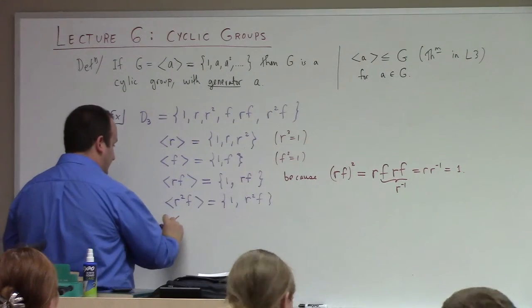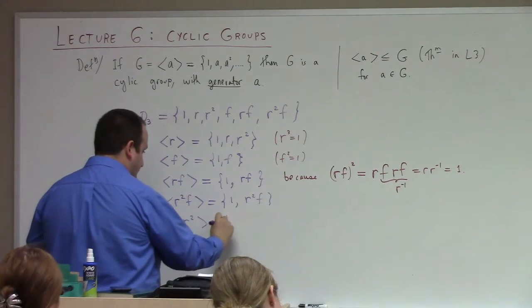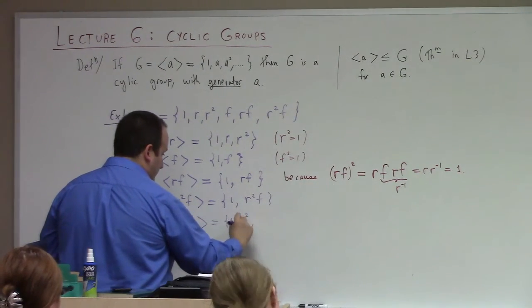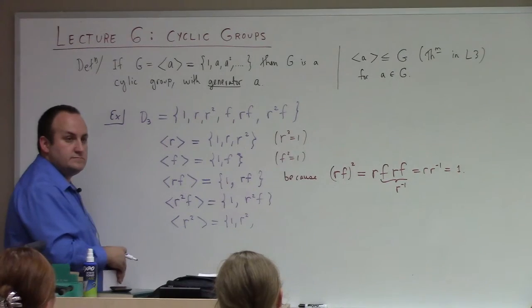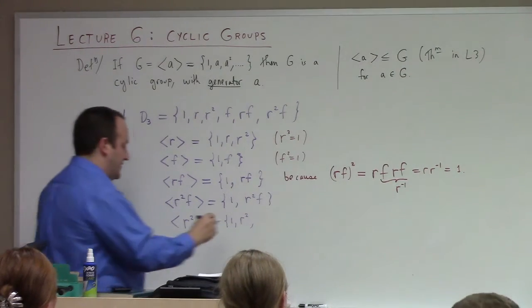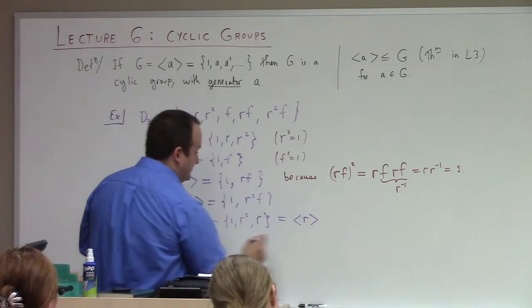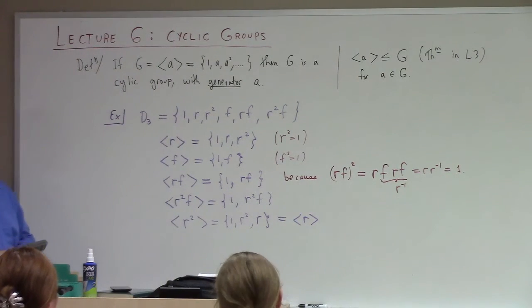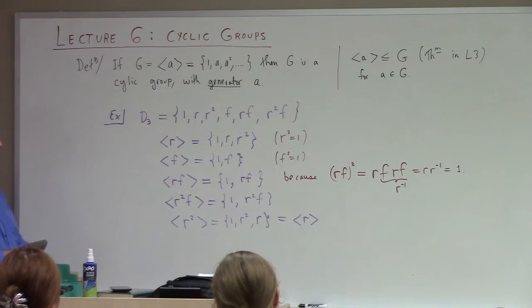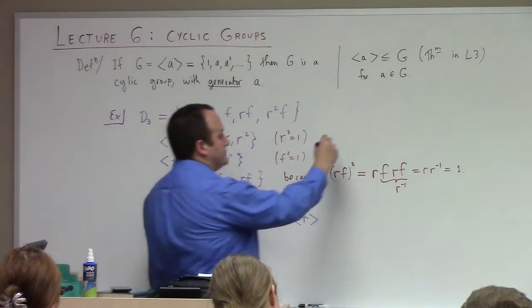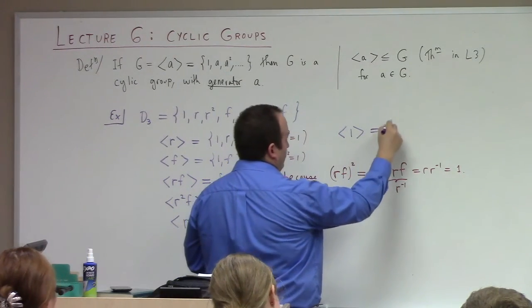How about r squared? What's r to the 4th? r again, right? Oh, look, so that's the same as this one. Now, what's the cyclic subgroup generated by 1? Yeah, this one's kind of boring.